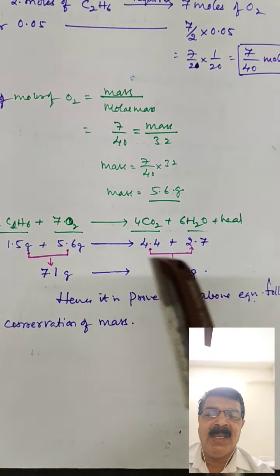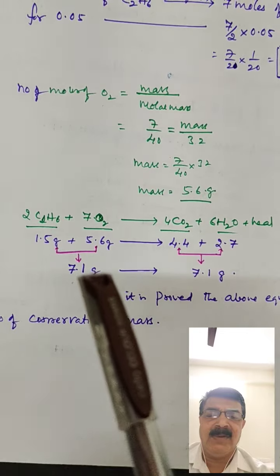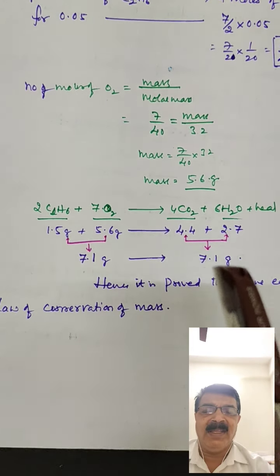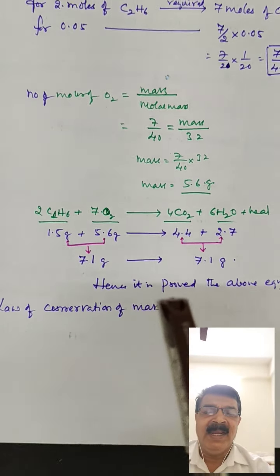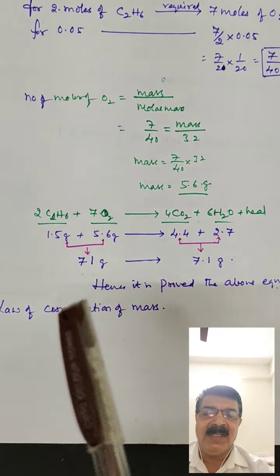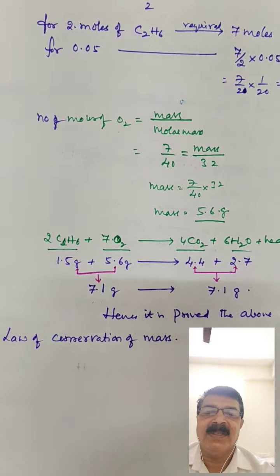By adding 1.5 grams and 5.6, we get 7.1. Again 4.4 and 2.7 add up to 7.1. So reactants and products are equal. Hence it is proved, the law of conservation of mass.